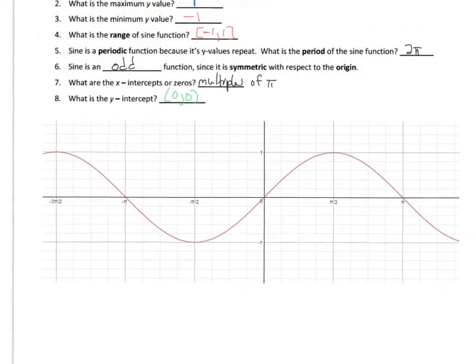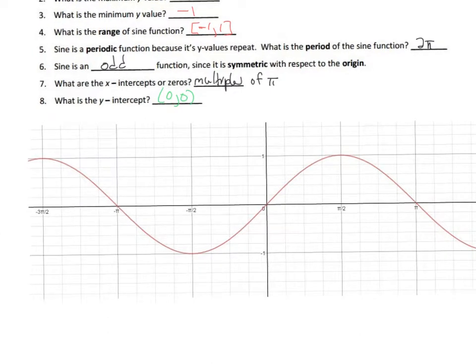So here's what this looks like on Desmos. Now all I did in Desmos is I just put y equals sine x into the grapher. But you'll notice that I have these increments on my graph that have pi over 2 and negative pi, which is kind of what we want for these. So what I did is I went to the little wrench. So let me try to draw my wrench here.